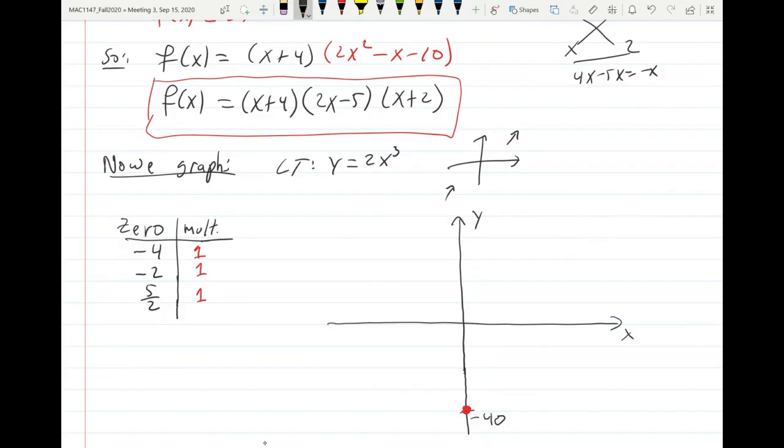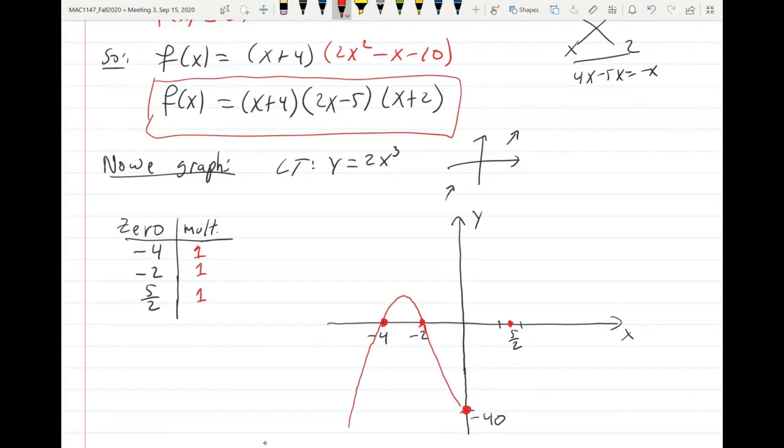And then let's see, -2. Let's put it here. Let's put -4 here, and then 5/2. That's 2.5. So if this was my 2, then let's say 3 is here, so somewhere here. It's 5/2. Okay, and then we have to go through those 3 zeros. Multiplicity is 1, and because of the end behavior, we start from quadrant 3, and at some point we come back down.